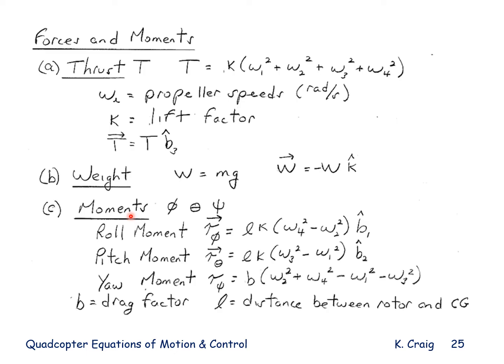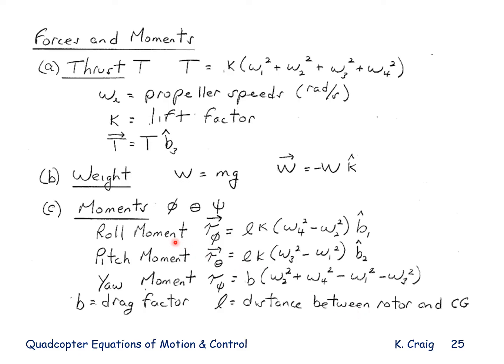There are three moments acting on the quadcopter: the roll moment, the pitch moment, and the yaw moment. B is a drag factor, and L is the distance between any of the four rotors and the CG. Due to symmetry, that distance is the same for all four rotors.